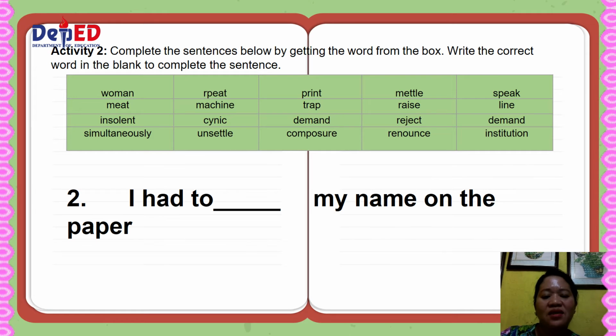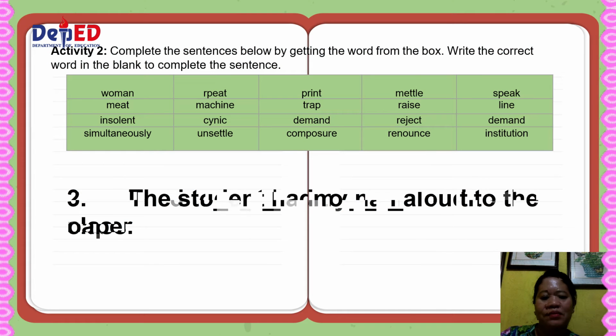You can pause this and then you can write your answer, okay? For number 3, the student had to blank aloud to the class. I want to remind all of you that you can pause this video while answering.